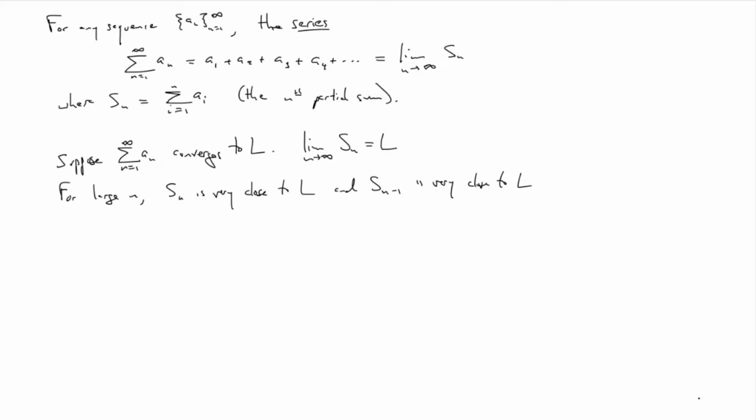They're both very, very close to L. Which is to say that as n goes to infinity, the difference between any two consecutive partial sums has got to be approaching 0.